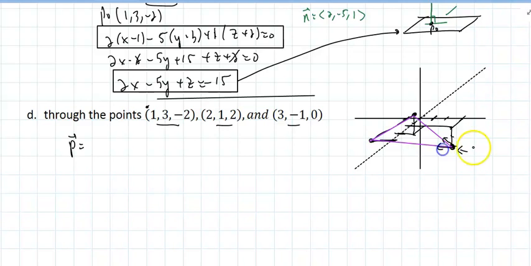You know what I'm going to do, right? I'm going to cross those 2 vectors and end up with a vector that is perpendicular to both of those. And then that's going to be my normal vector.